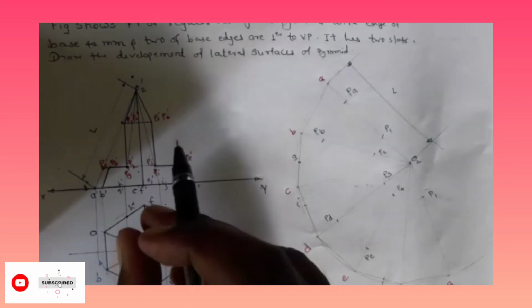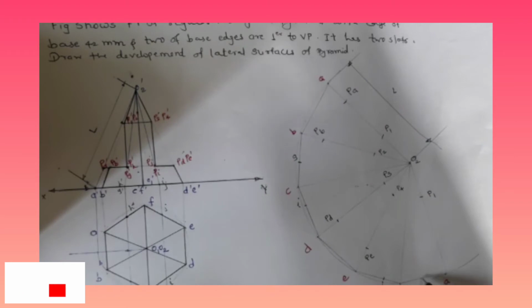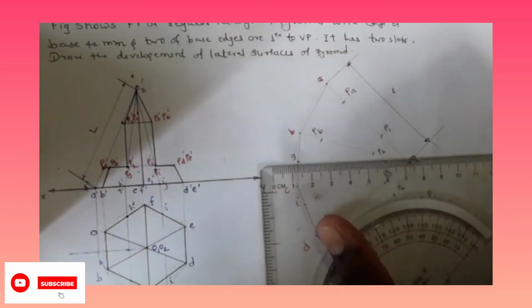From this point F you have to take this much distance and mark here, so here we will get the point H. Then all these points you have to join to the center, this O2 point.